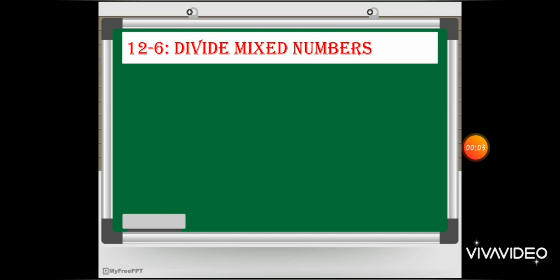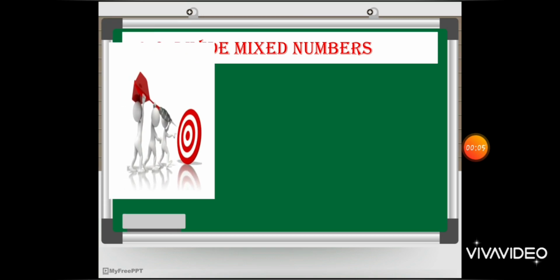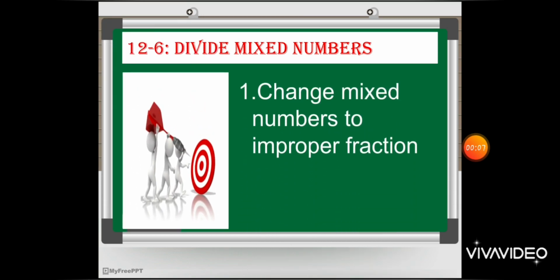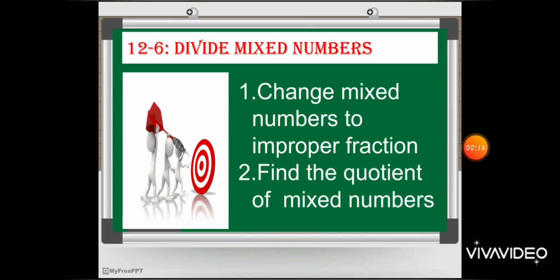To remind you of our lesson's objectives: first, change mixed numbers to improper fractions, and second, find the quotients of mixed numbers. I hope that all of you will be familiar with these mathematical skills at the end of the lesson.